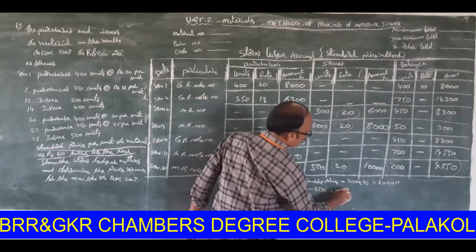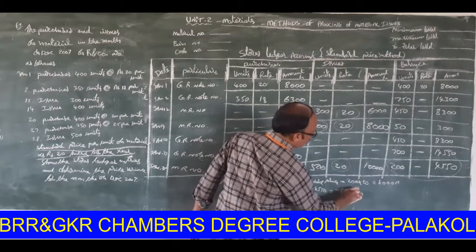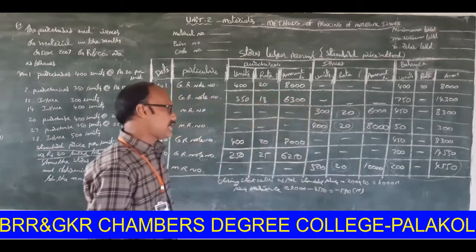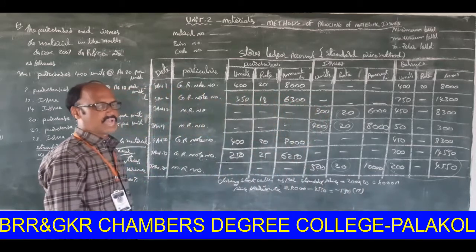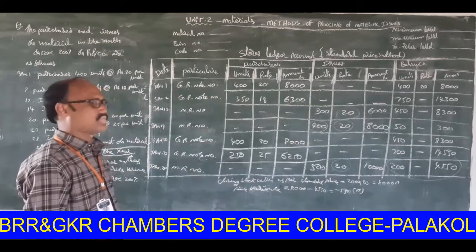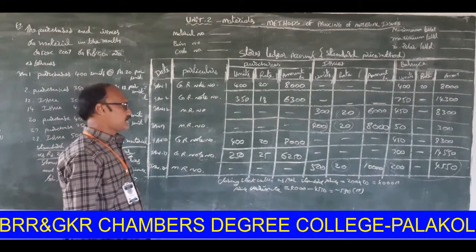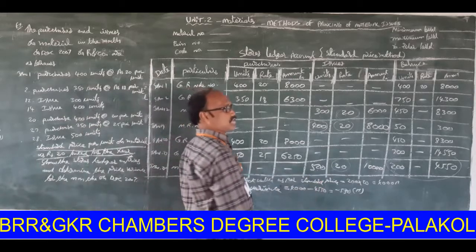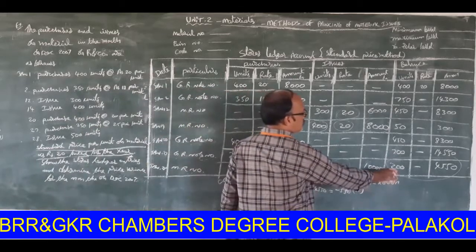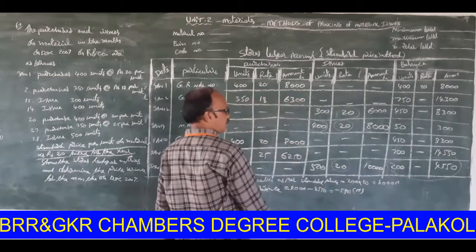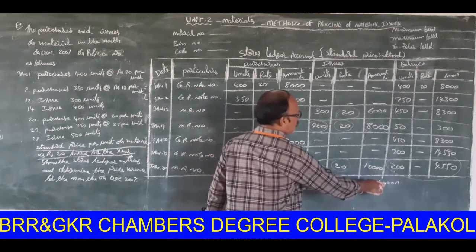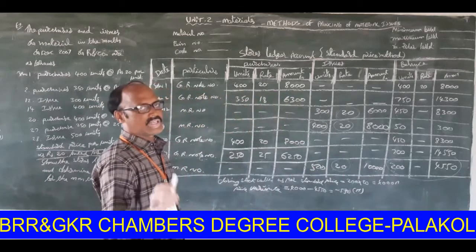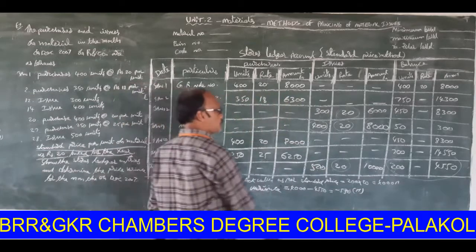So this shows minus 550 balance, so this is adverse. The balance shows the minus value, that's why this will be treated as an adverse value. Once again, closing stock value as per standard price: number of units available for closing stock 200 units, so 200 into 20 is rupees 4,000.